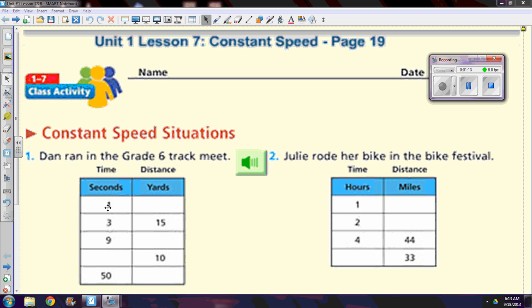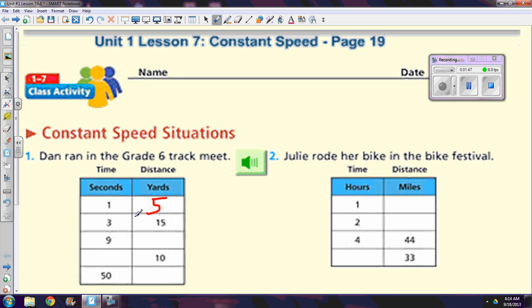So if you look at the one that we do know, which is 3 seconds, 15 yards, what could we do to figure out the unit rate in 1 second? If you divided 15 by 3, you would end up with 5 in 1 second. So your first answer, 1 second, 5 yards.